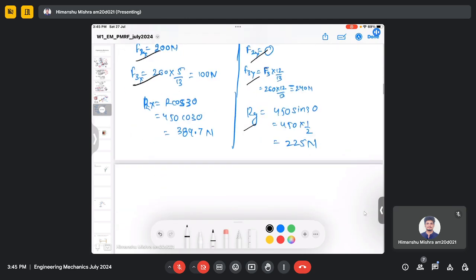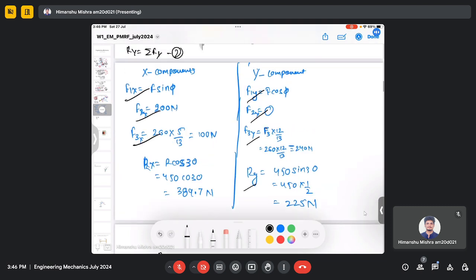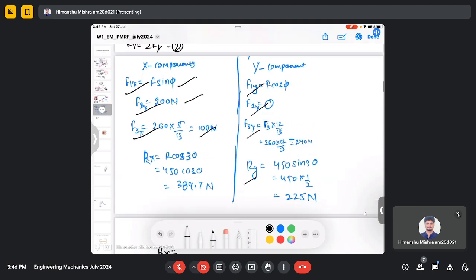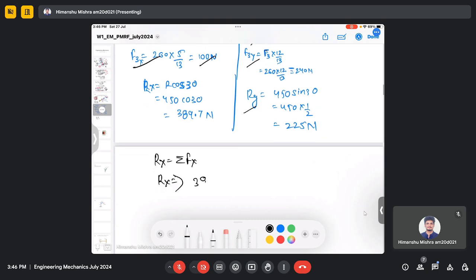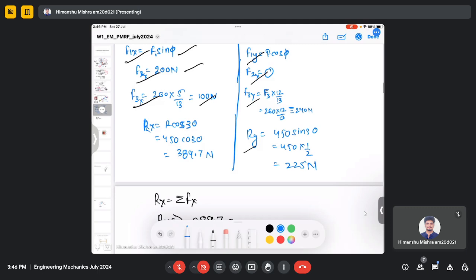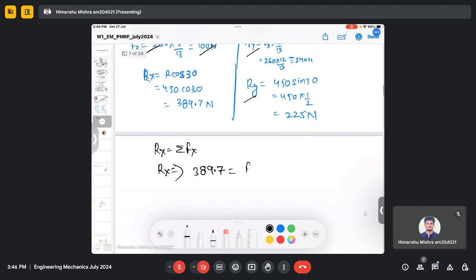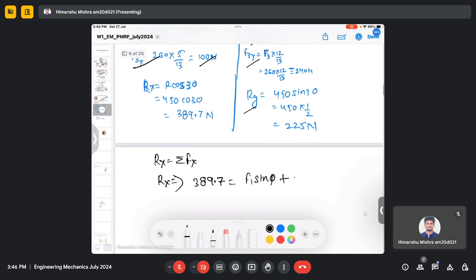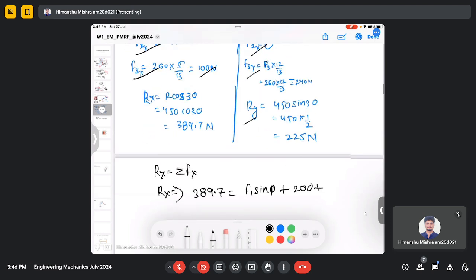So my first equation is Rx equals the summation of Fx. I can write Rx equals the summation of all these forces. So my Rx will be 389.7 equals F1 sin phi plus 200 plus 100.